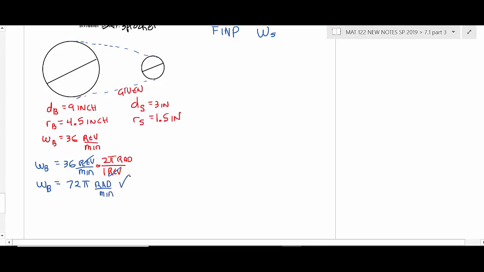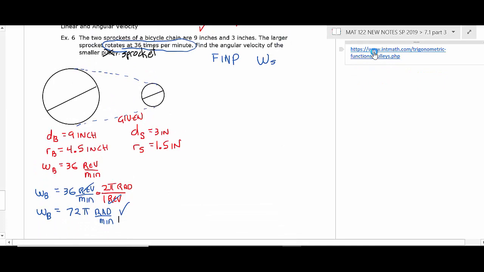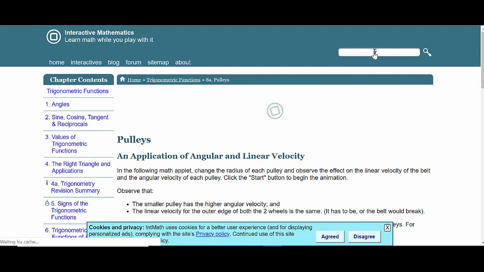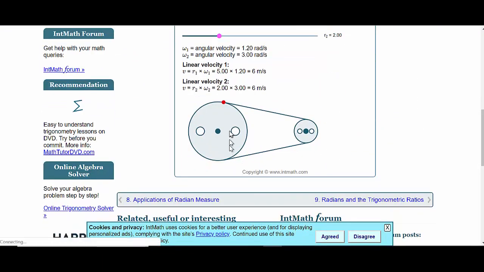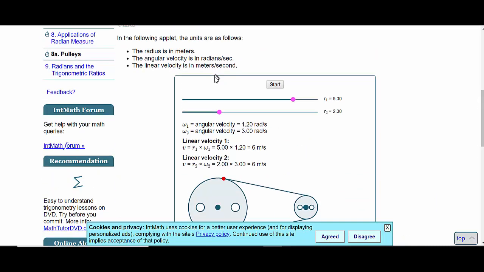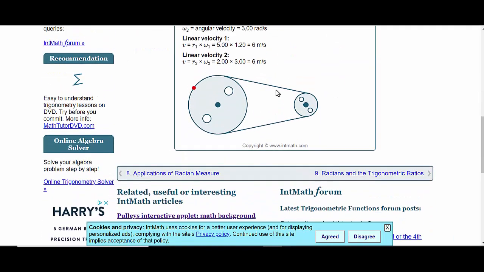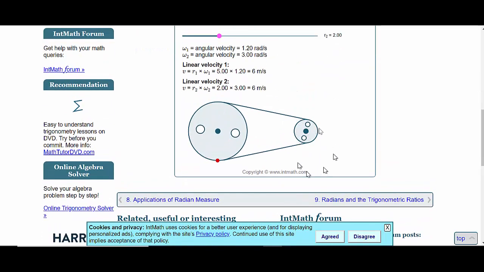Now, there's an important connection on this, and I'm going to go back to this demonstration that I showed you a little bit earlier on this website. You have a big and a small sprocket. The rotational or angular velocities are different.